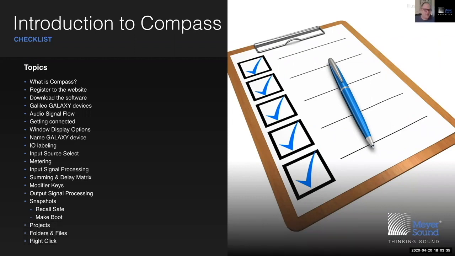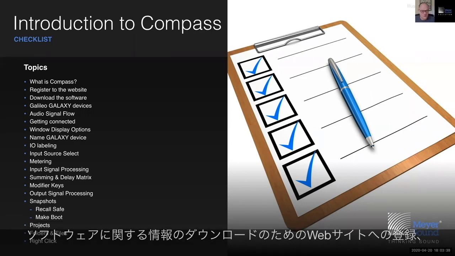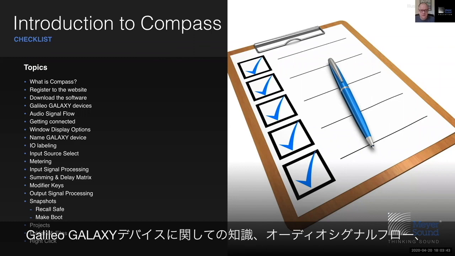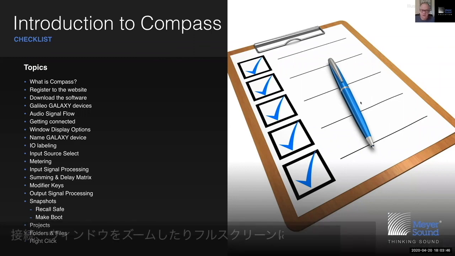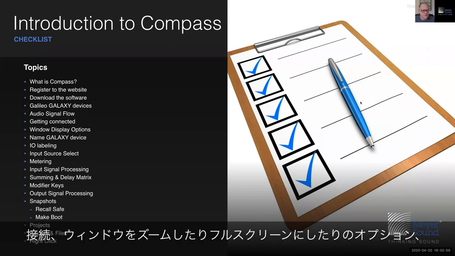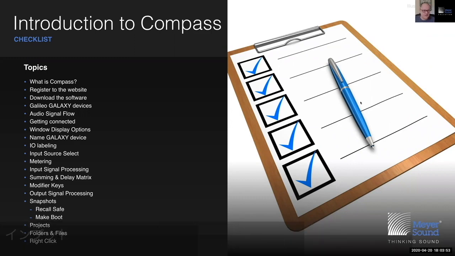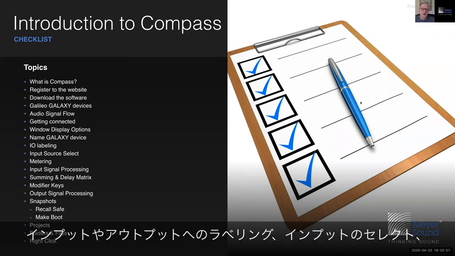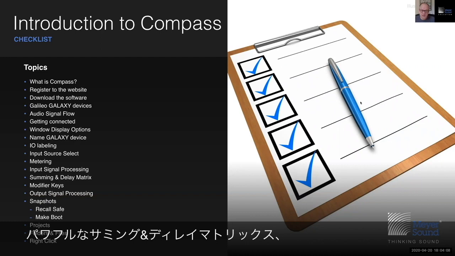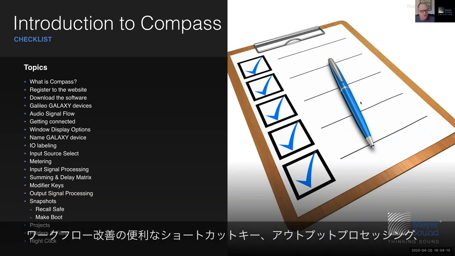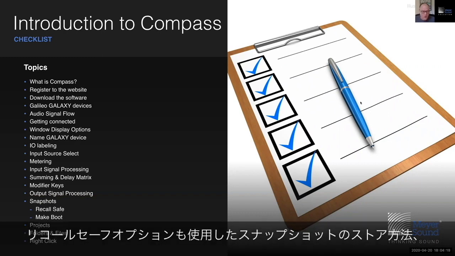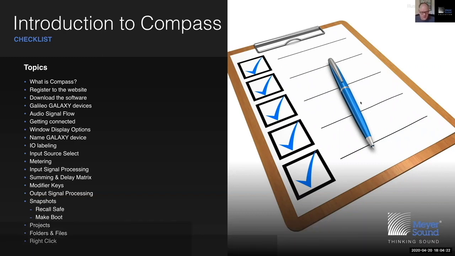So we're going to talk about what is Compass, how do I register to the website so that I can download the software, a little information about the Galileo Galaxy devices, audio signal flow, how to get connected, window display options such as zoom and full screen, how do I name my Galaxy device in a way that makes sense to me, how do we label our inputs and outputs, how do I select my inputs, because there are several to choose from, a little bit about metering, and then how do I process my inputs using parametric EQ and such, summing and delay matrix, very powerful summing and delay matrix, modifier keys which expedite the workflow, output signal processing, and then how do I store all of that in snapshots with so-called recall save options, and how do I make one of those snapshots bootable.